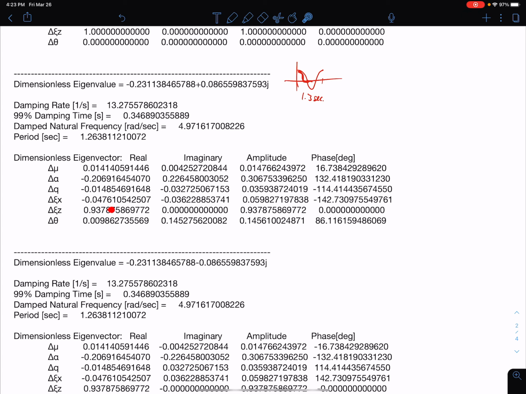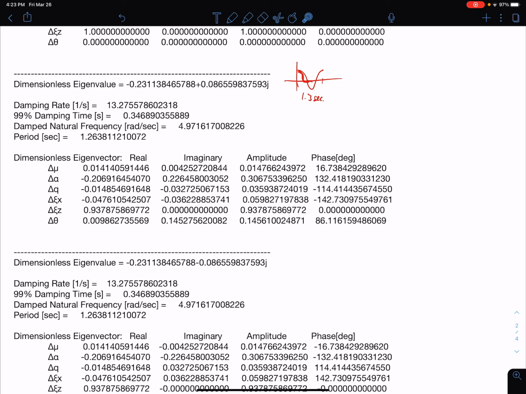We can see the magnitude of z is large compared to the magnitude of x. Now, this has been normalized so that this is the largest component in this eigenvector, and so it's been multiplied by its complex conjugate so that the imaginary portion of that is 0.